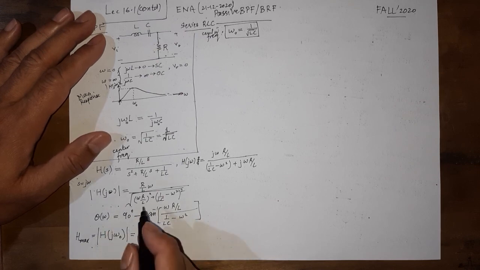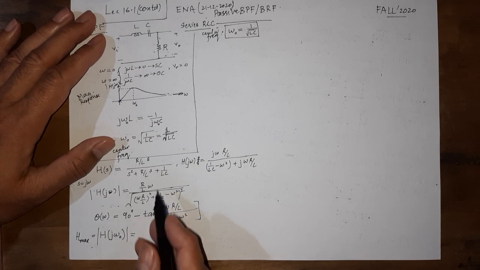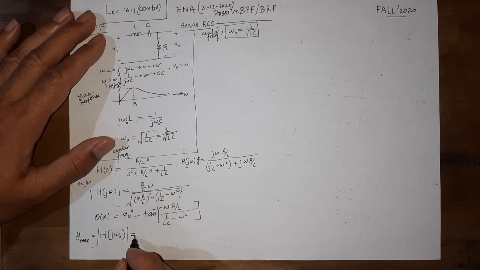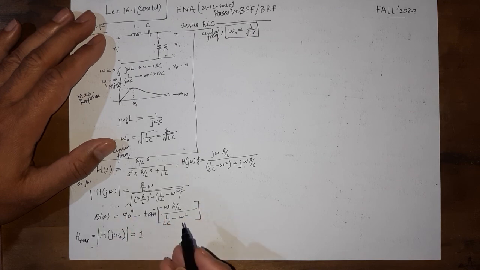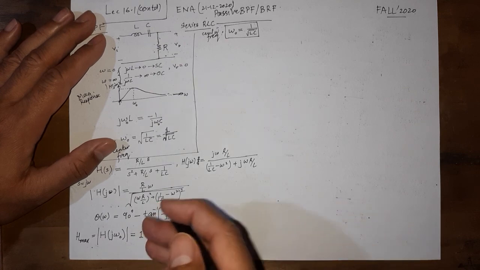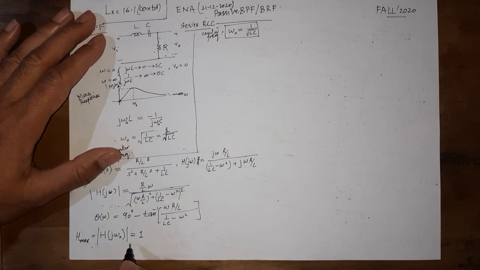And if you do this analysis and use all your knowledge of maxima and minima and take the derivative and put it equal to 0, you are going to see that this is equal to 1. For passive circuits, H of j omega max is usually 1. It cannot be amplified, but this is the max value that it can go, because there is no amplification possible in a passive RLC circuit.